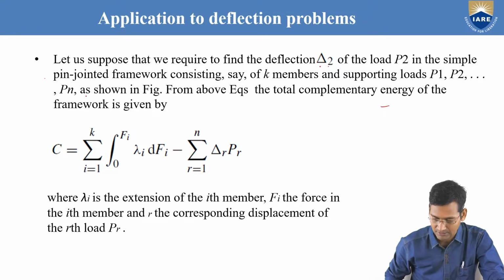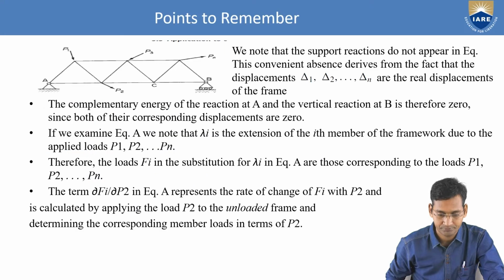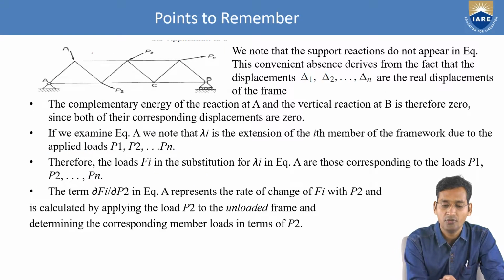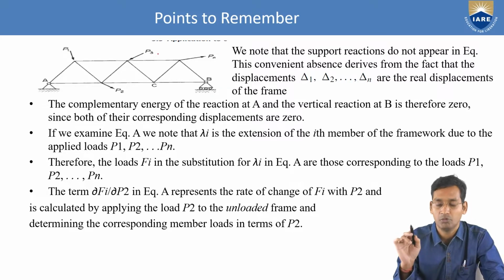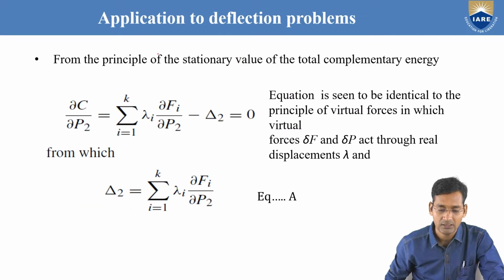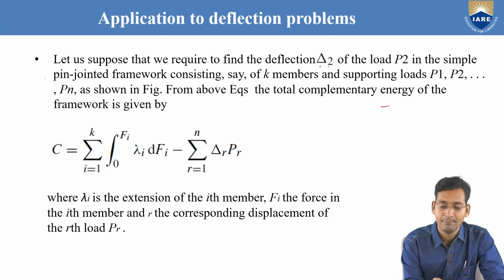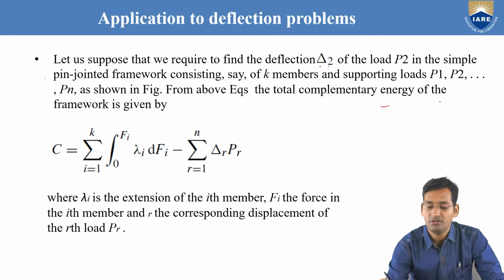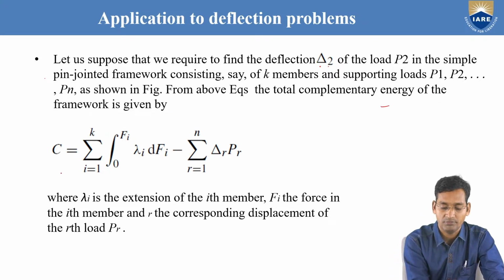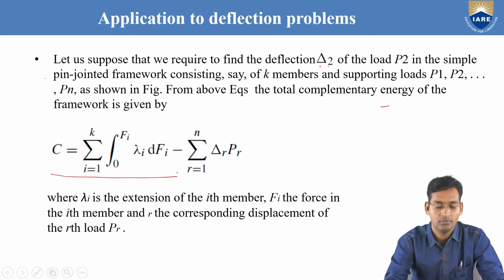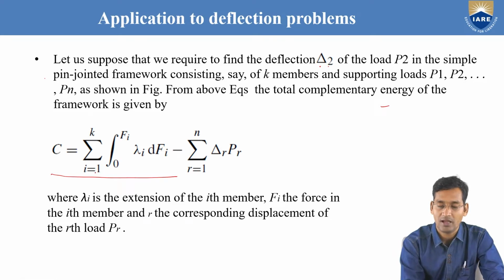So in the next slide, that is here, is the figure: members 1, 2, 3, 4, and so on, and a number of forces acting on this. From the above equation, the total complementary energy of the framework is given by this, which we already saw, right?